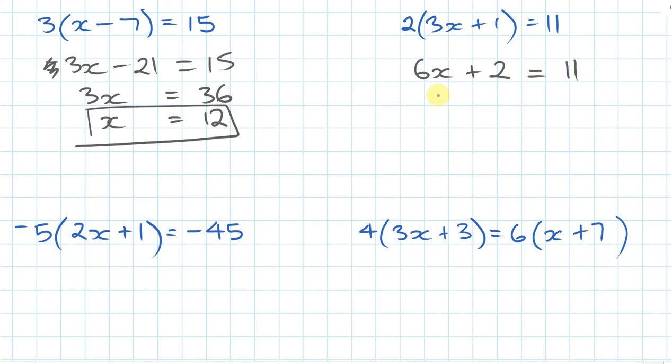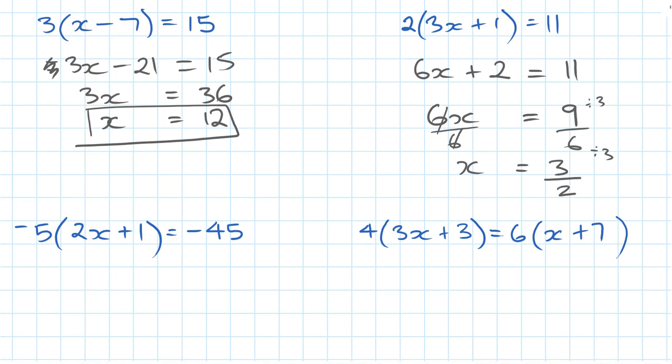Subtracting 2 from both sides, I end up with 6x on the left equals 9 on the right hand side, and then dividing both sides by 6, I end up with x is equal to 9 over 6. We're going to simplify that a wee bit further. 3 goes into both of those numbers there. So we end up with x being equal to 3 halves, or 3 over 2.